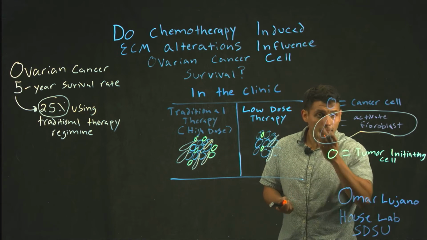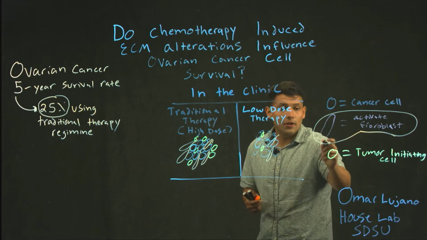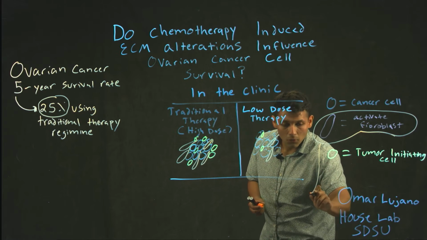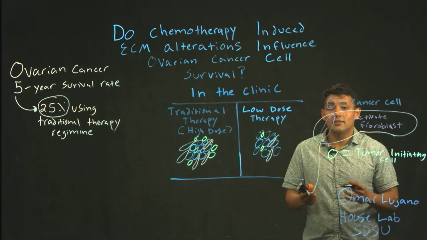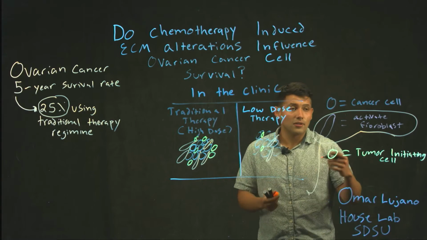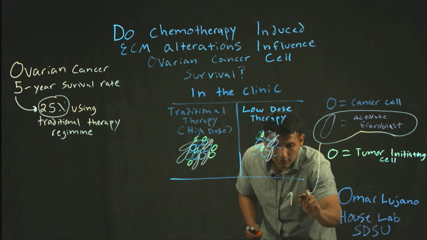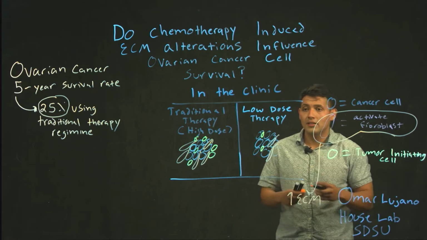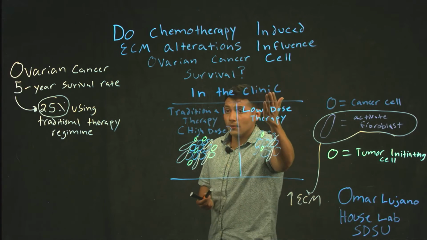What I'm most interested in is how these traditional therapy methods activate a high proportion of fibroblasts, which, the biggest thing they do, is secrete a lot of ECM. So if you have a higher proportion of activated fibroblasts, you will have an increase of this ECM, and potentially this extracellular matrix is creating an environment that allows for more cancer cell survival.